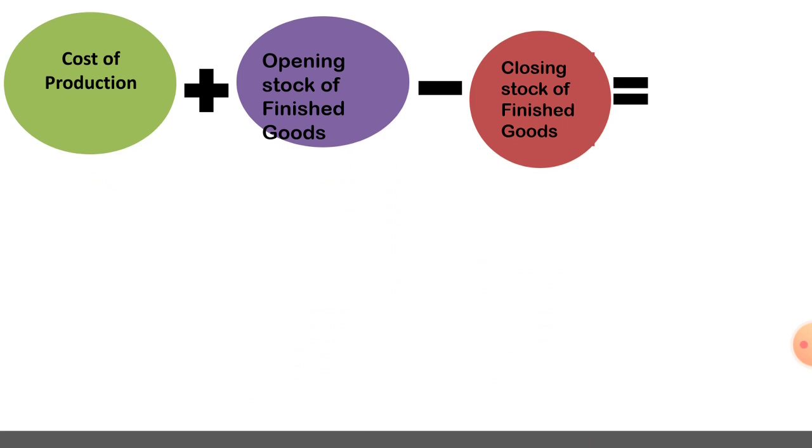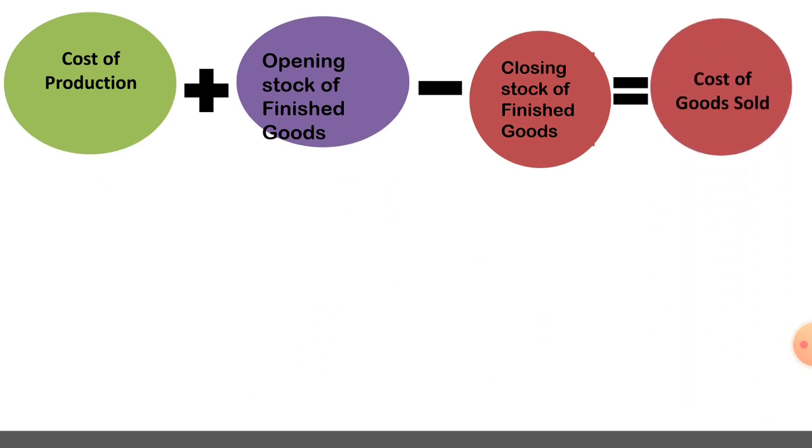At that time there was a work in progress stock, but now the factory has already completed its task and the office expenses have already been added. Now the product has been finished, and that is the reason the opening stock of finished goods and closing stock of finished goods will be considered over here, and we will get the cost of goods sold.